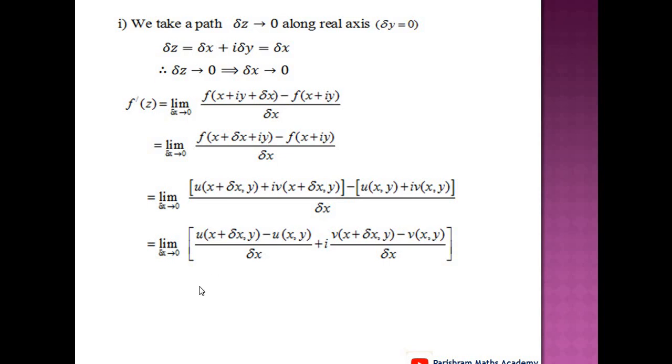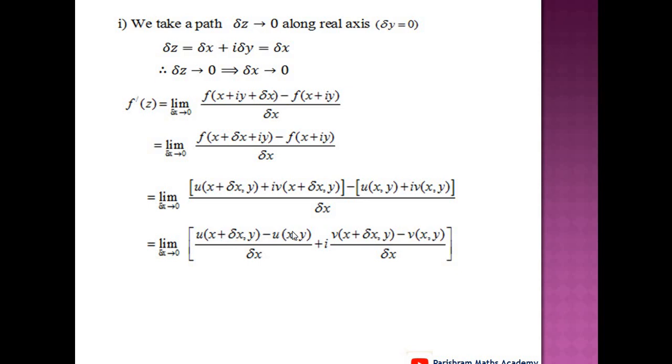Then we can simplify it. We get limit delta x tends to 0 of [u(x + delta x, y) minus u(x, y)] upon delta x, plus, from these two terms we can take i as common, i times [v(x + delta x, y) minus v(x, y)] upon delta x.